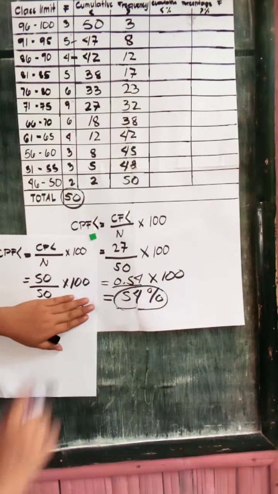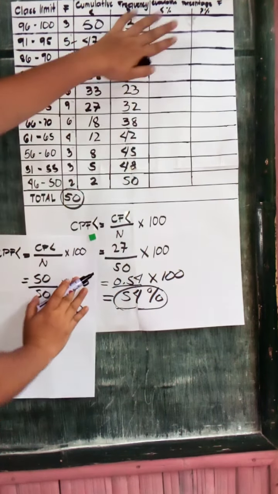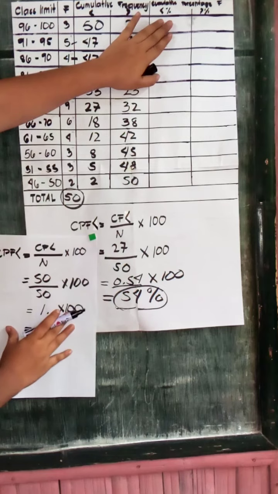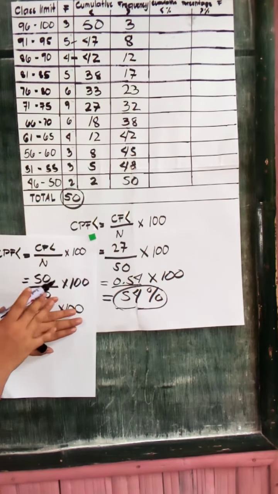To get the first row of cumulative percentage frequency lesser than, we will write 50 here. So 50 is our cumulative frequency lesser than.